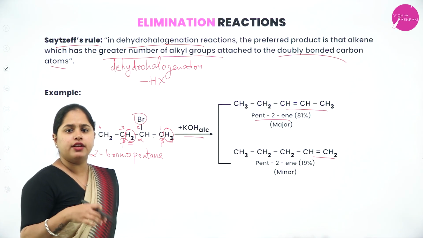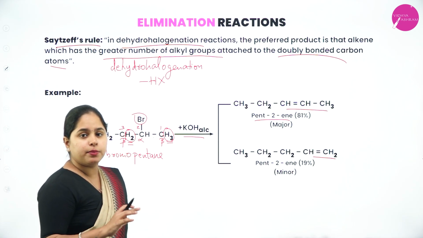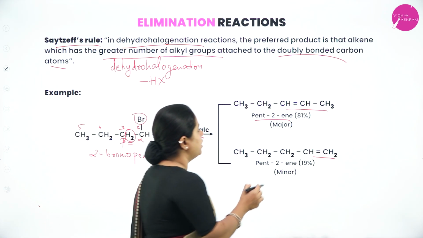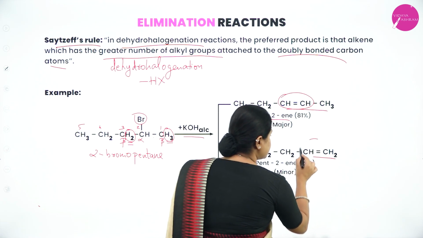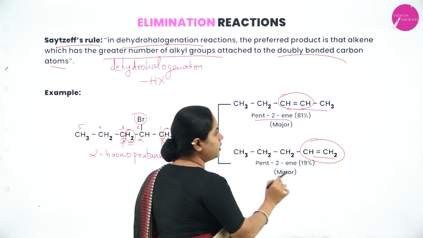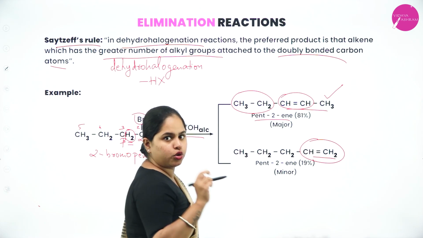So, how do we decide which is the major product? It will be based on the number of alkyl groups attached to the doubly bonded carbon atom. So, here is the double bond which is present. To this double bond, here is one methyl group, another ethyl group is also there, 2 alkyl groups.